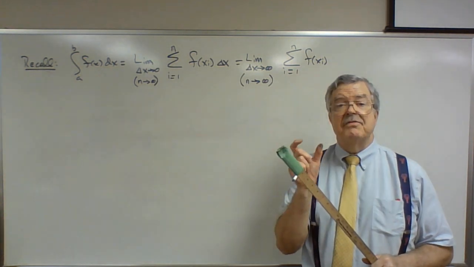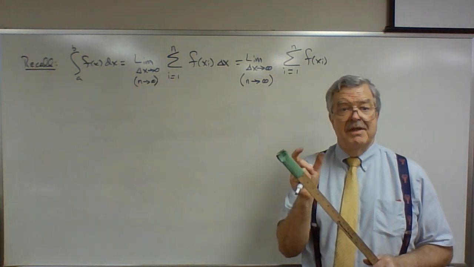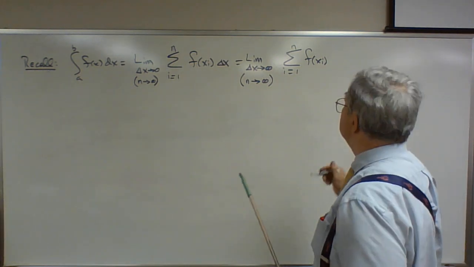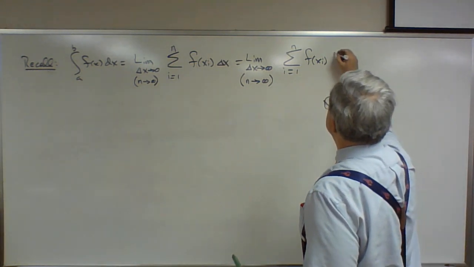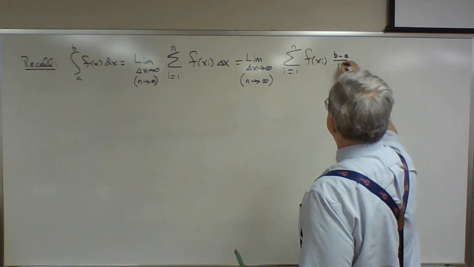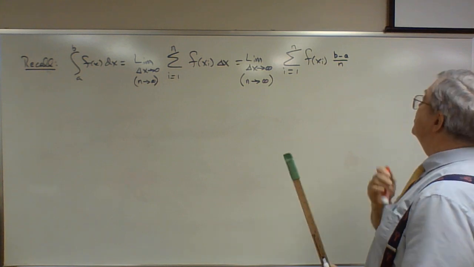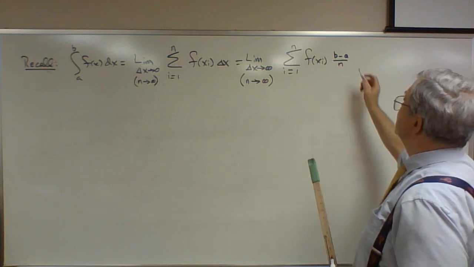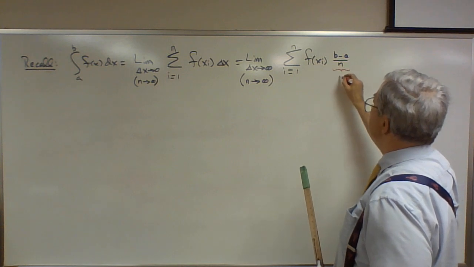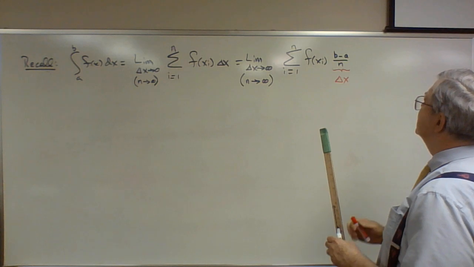Well, the length of that interval from a to b was b minus a. And we chopped it up into n subintervals of equal length, delta x. So this delta x was equal to the length of the whole interval, b minus a, divided by n, the number of subintervals.